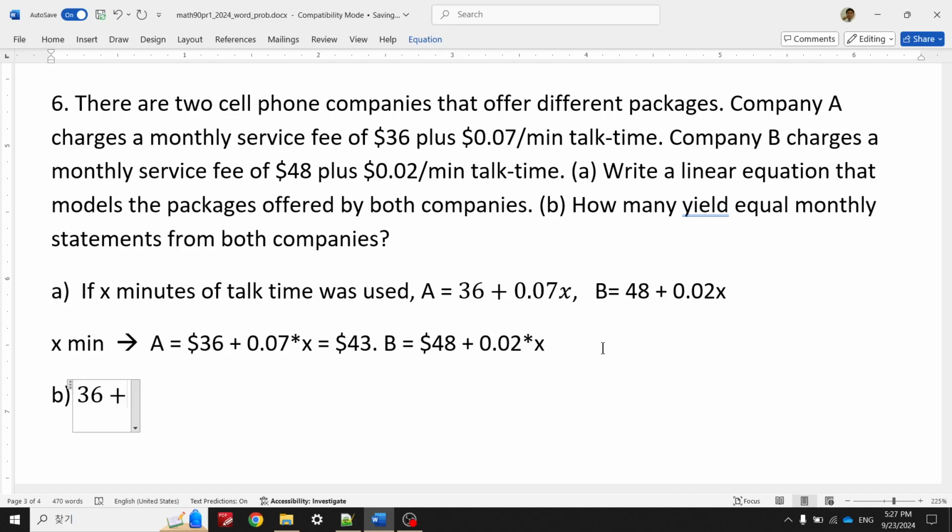36 plus 0.07x is equal to 48 plus 0.02x. And we're looking for the amount of talk time that would make the two companies charge the exact same amount. So we have this equality, and you can solve this by first subtracting 36 both sides.